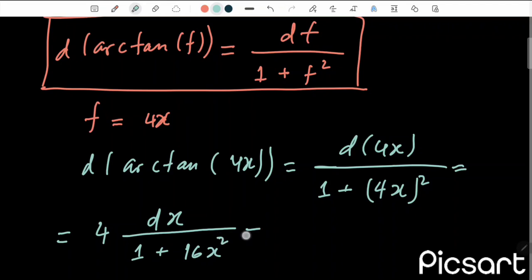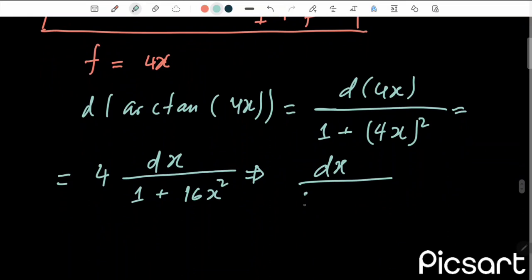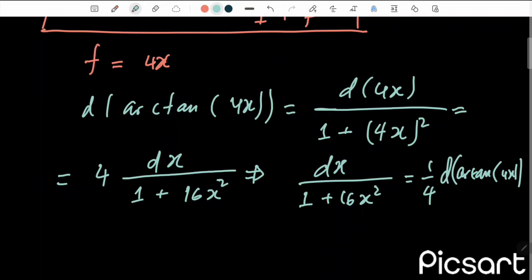Then for now we can write dx over 1 plus 16x squared as 1 over 4 times the derivative of arctan of 4x.